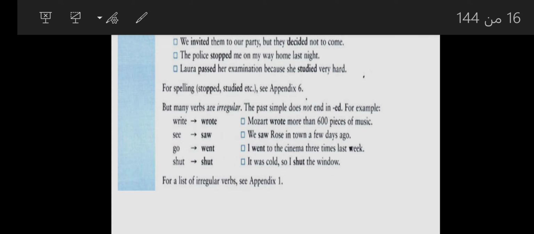Other letters are consonants. So if the last letter in the verb is Y and what comes before it is a consonant, like D here, and D is followed by Y, to change it to the past, we change the letter Y into I, then add ed, so it becomes studied.